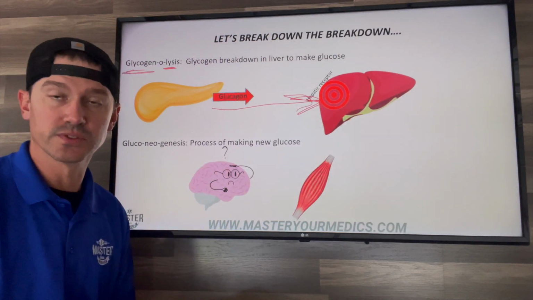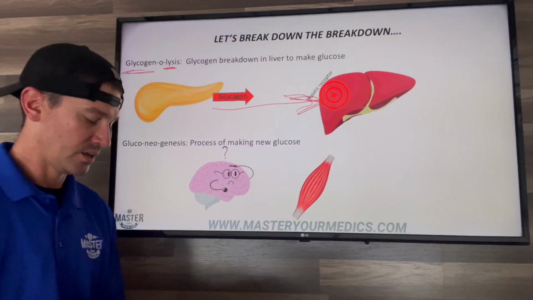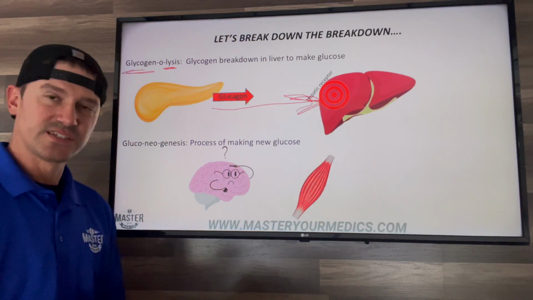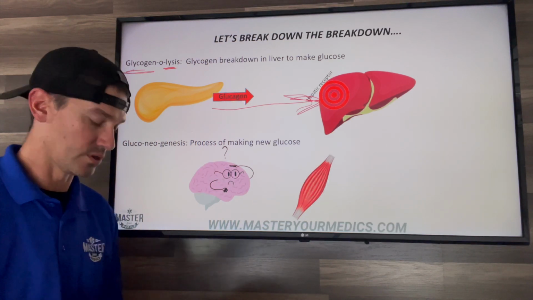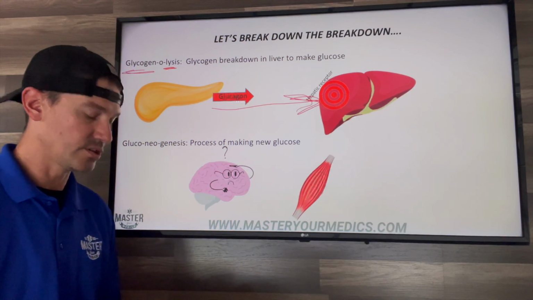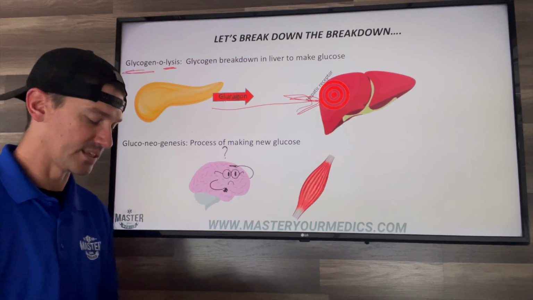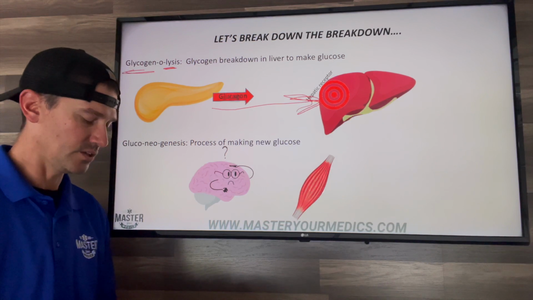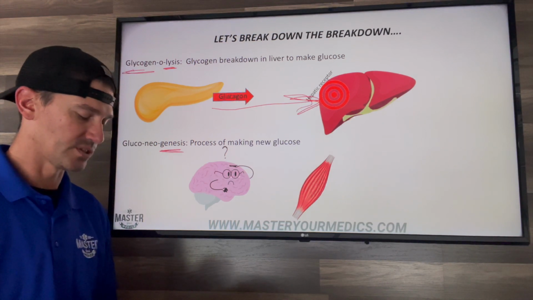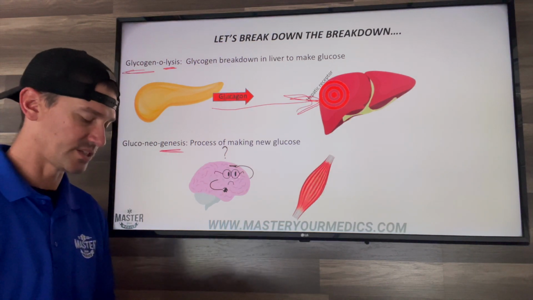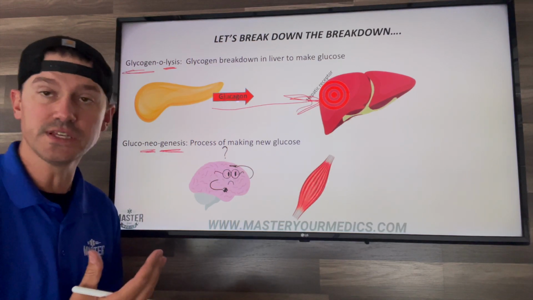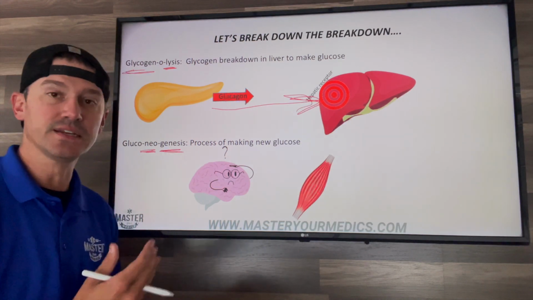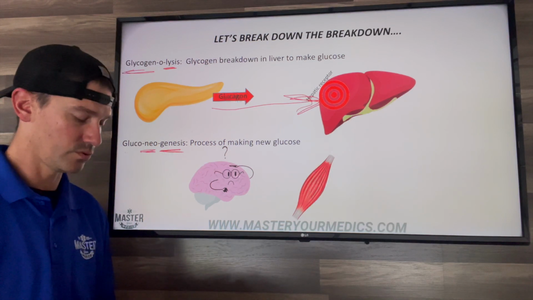A less common way of producing glucose is through gluconeogenesis. Breaking down this term again, genesis is a process, and neo, similar to the word neonate, means new.